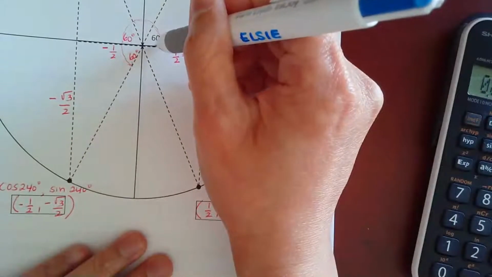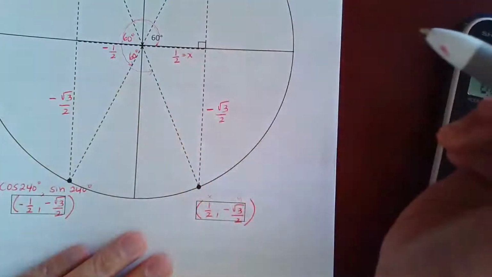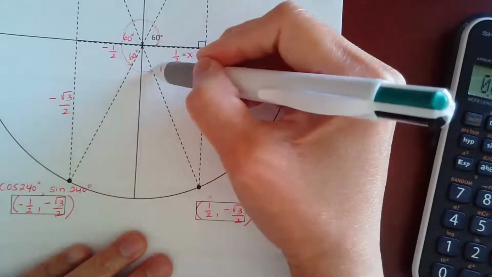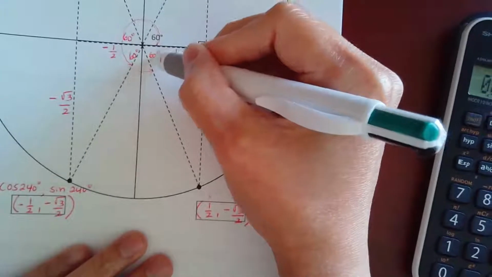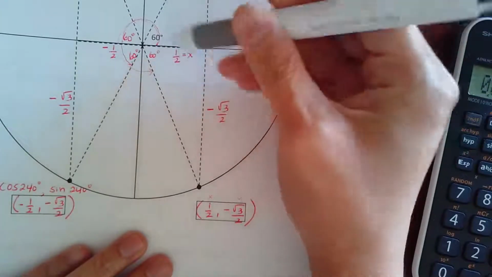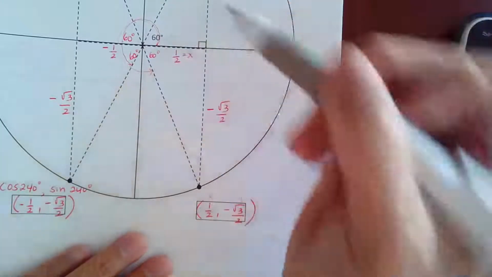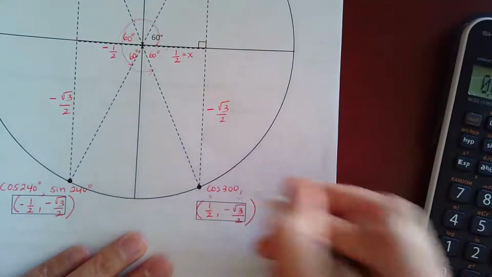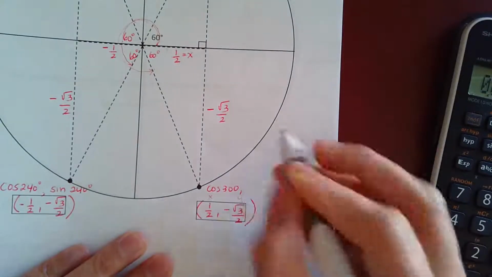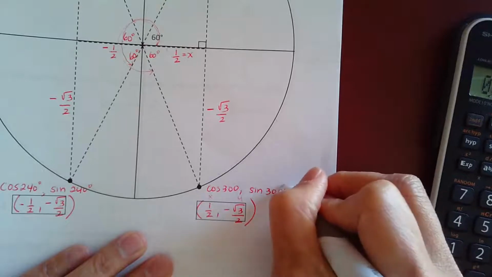Angle is from initial arm all the way to the terminal arm over here. So how big is that angle? If this is 60 degrees as our reference angle, then that's going to be 360 minus 60. That's cos of 300 degrees. And that's sine 300 degrees.